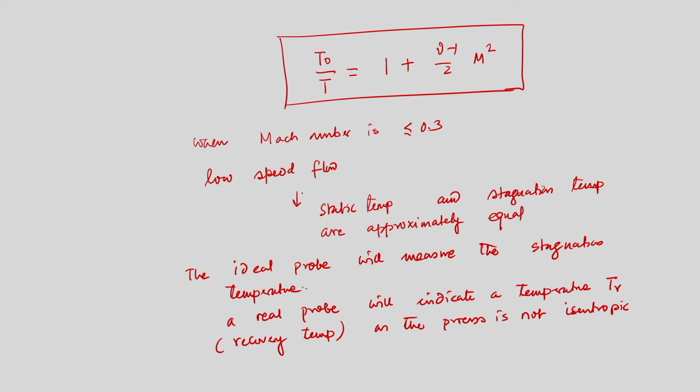Right. That means, if we place a probe in the flow field, the probe will measure the stagnation temperature in the ideal condition. But Mach number less than or equal to 0.3 may not be the case always, and the probe will measure a temperature which is known as the recovery temperature, as the processes are not isentropic.